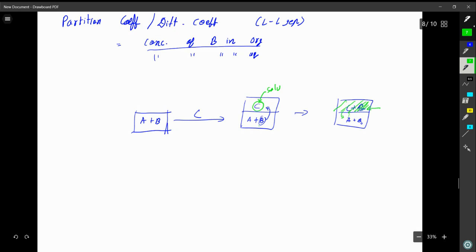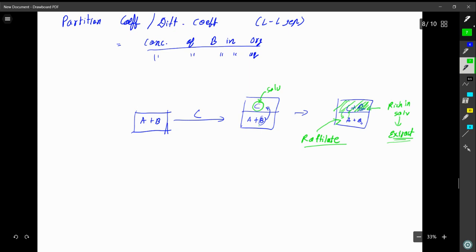The component rich in solvent is called the extract, because it extracted B from the solution. And the remaining one, which is rich in the original components, is called the raffinate. So there is extract and raffinate.